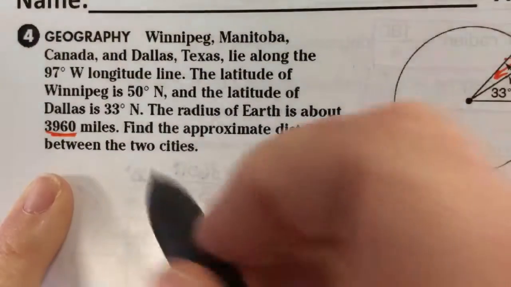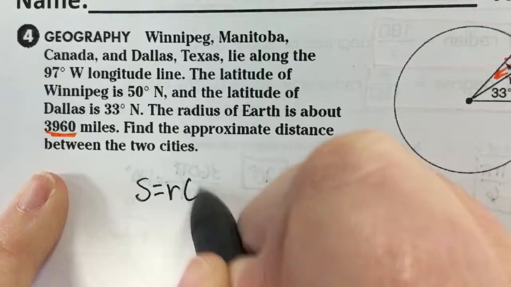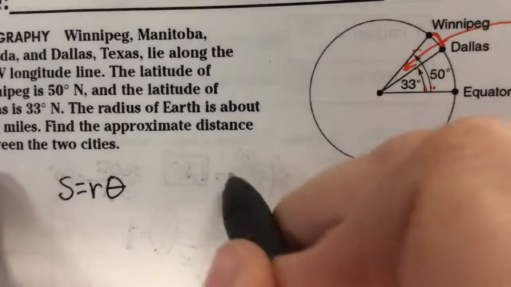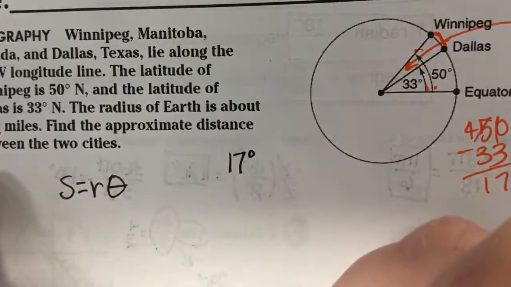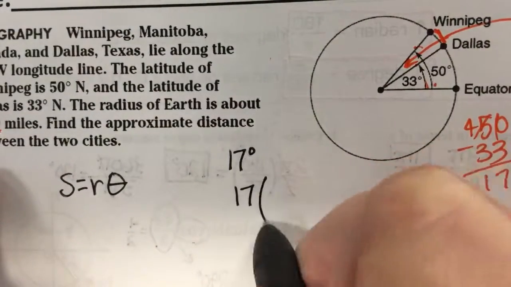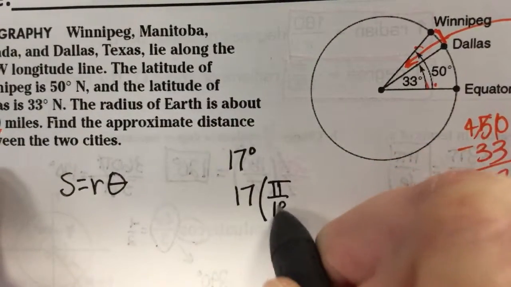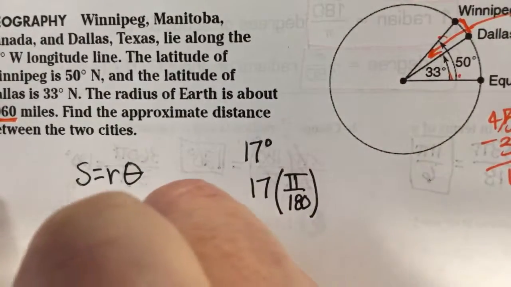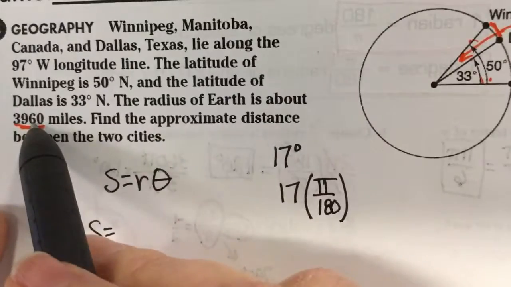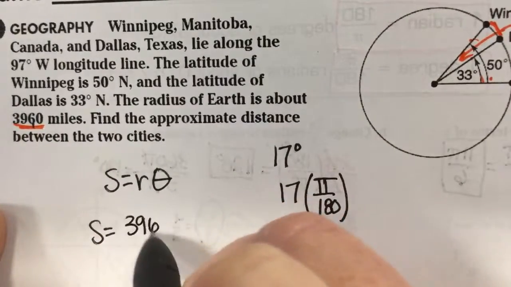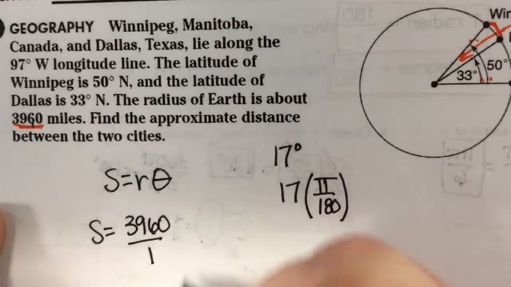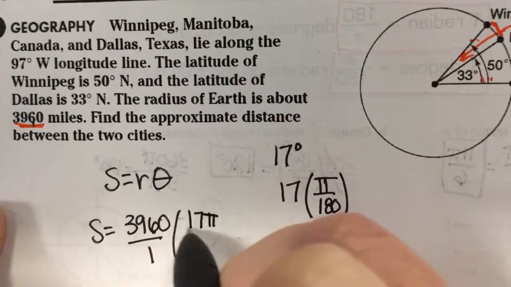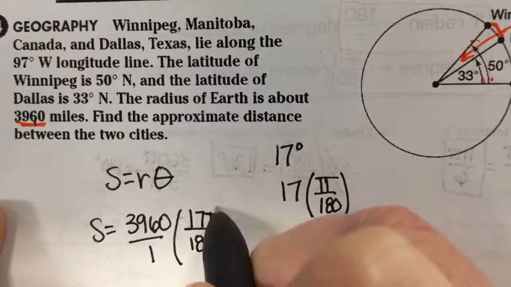All right, so S equals R theta. We have to change 17 degrees into radians, so 17 times pi over 180. So basically, I'm just going to plug that in. S equals our radius, which they gave us, 3960 over 1, just to make this a little bit cleaner, times 17 pi over 180.